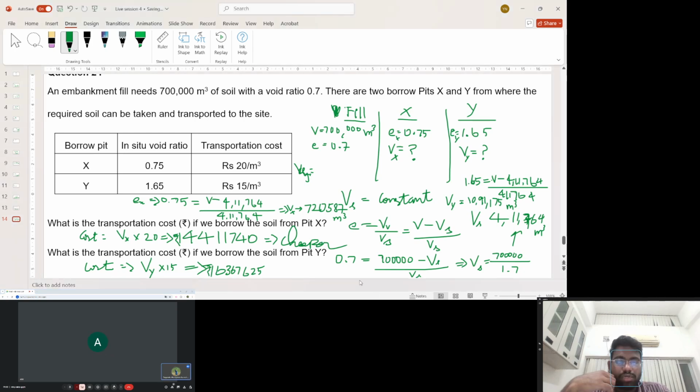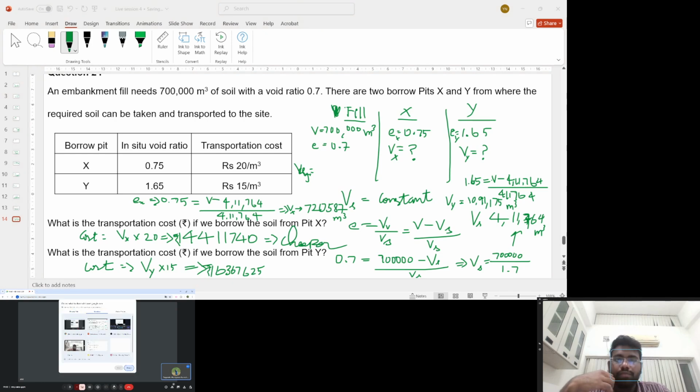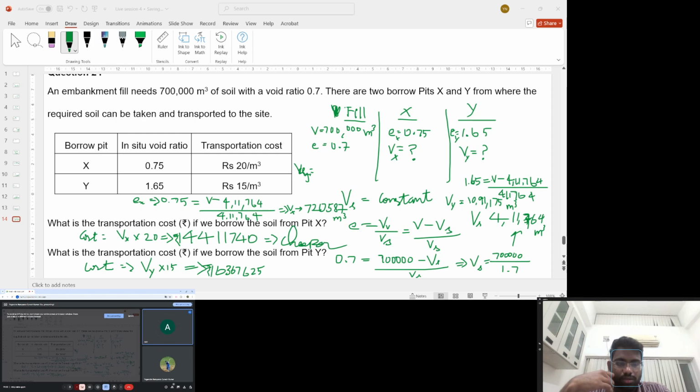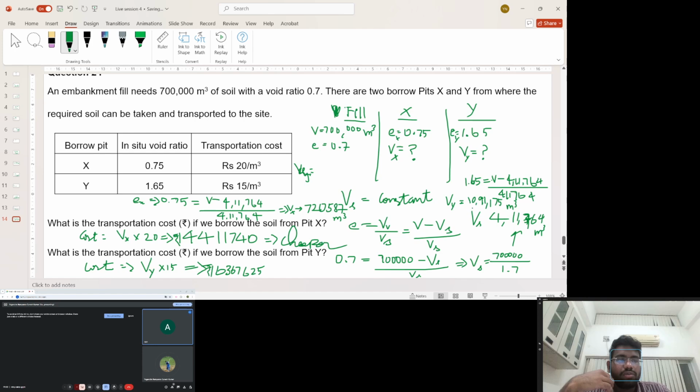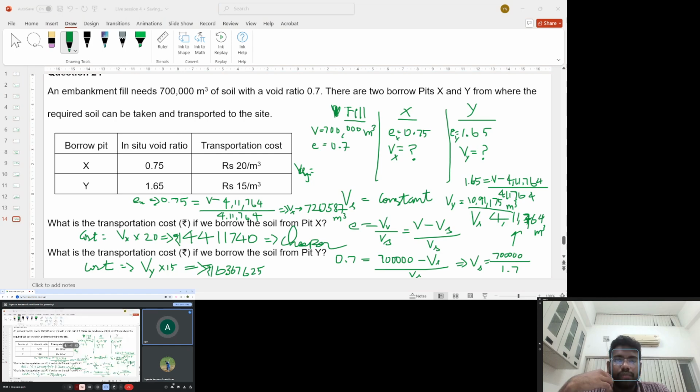Okay, just a minute. I will share the screen. So you have calculated Vy, right? Yes, sir. So it comes to around 10 lakh 91,175. Here Ey is 1.65, right? Yes, sir. Now in order to calculate the cost, you know Vx and multiply it by 20, and Vy gets multiplied by 15, and you get these values.